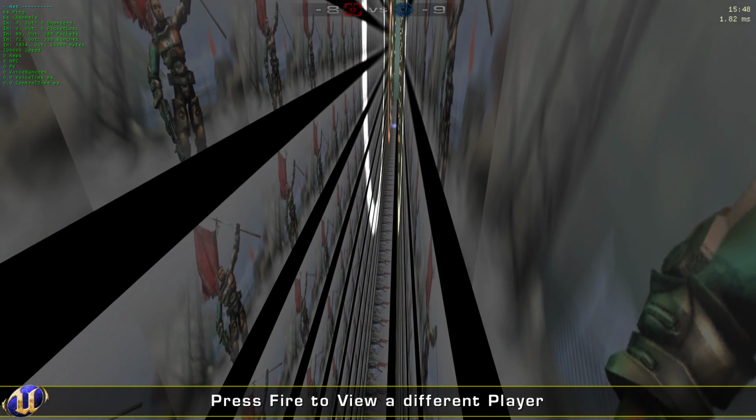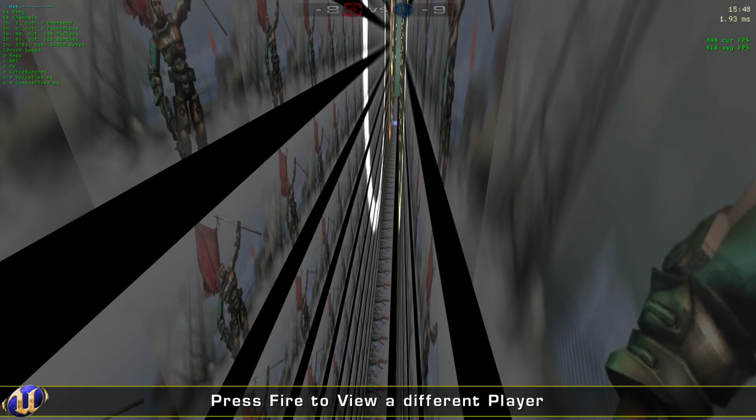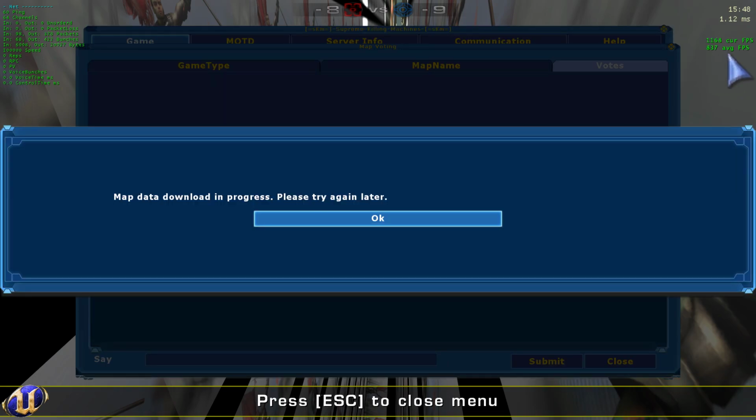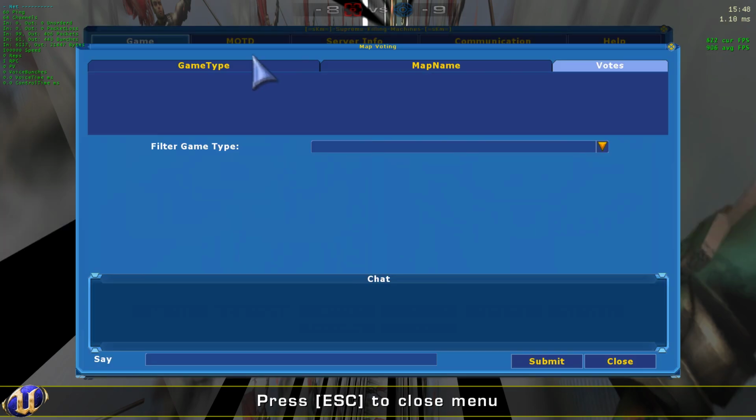Oh, it ended the game. Well, you can see the difference in my out packets. See, my out packets are 300 and my frame rate that I'm getting is just about double that.